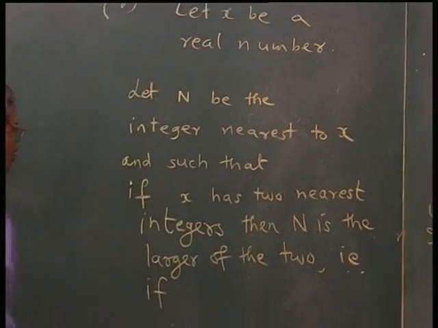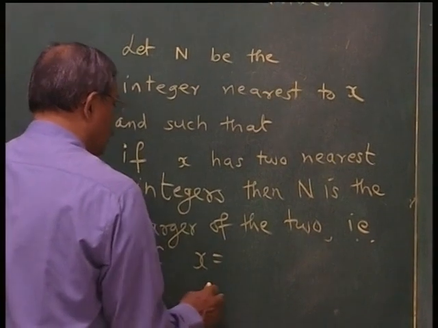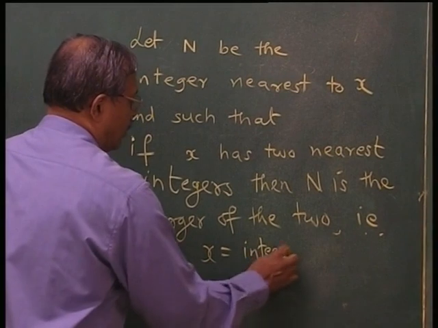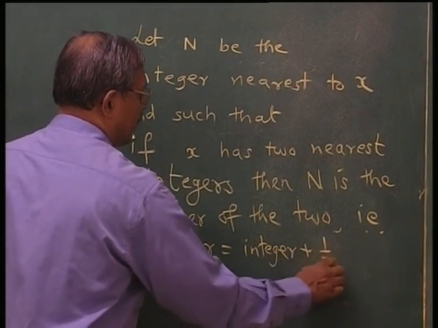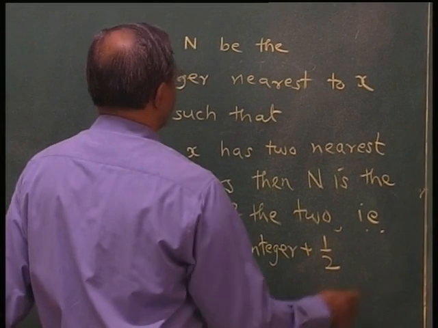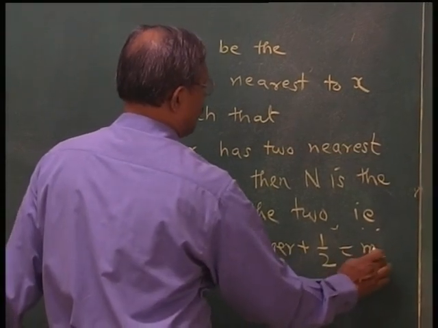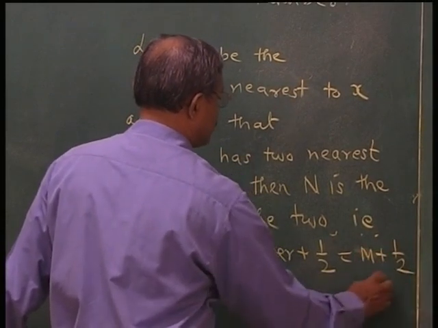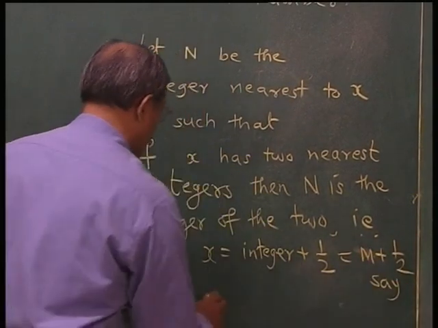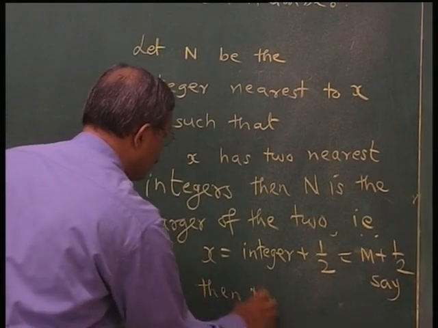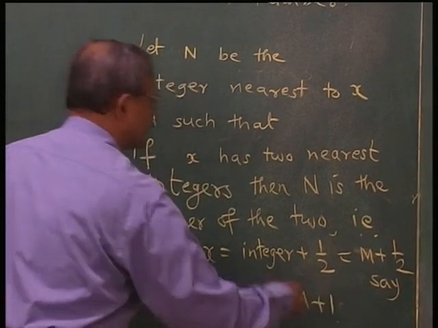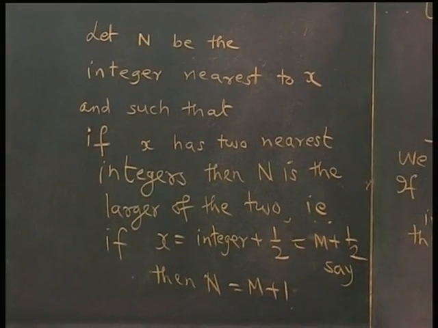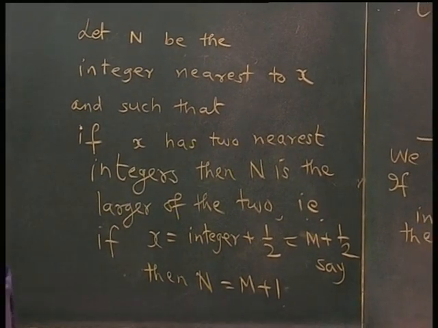That is, if x is equal to an integer plus 1/2, say x equal to m plus half, then what is n? n equals m plus 1, that is on the right side, the larger of the two.